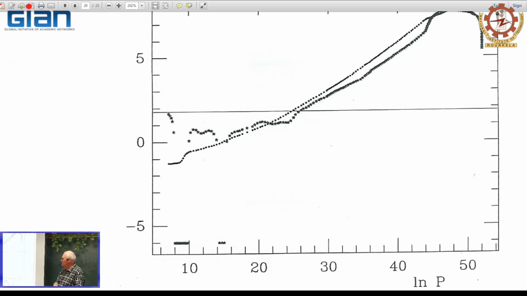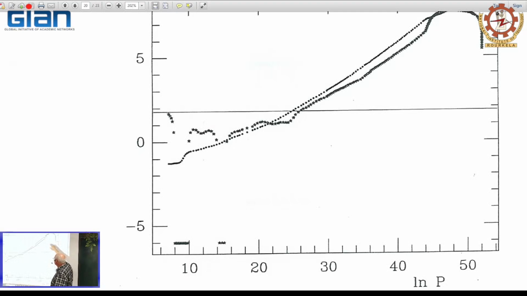The frequency is bigger than both Brunt-Väisälä and Lamb frequencies, so it will propagate there as a p mode. Then we have a small evanescent region, and then the frequency is smaller than both Brunt-Väisälä and Lamb frequency. It's much smaller. That means it corresponds to a high order g mode there.